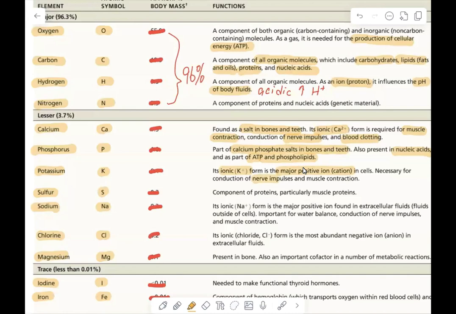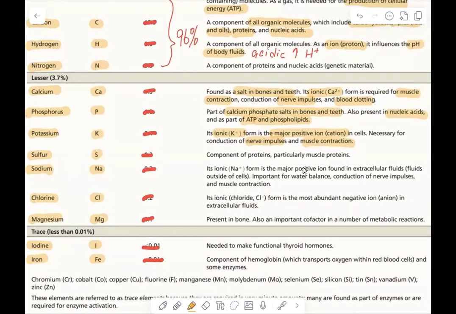It's important for nerve impulses and muscle contraction. Sulfur is important for proteins, muscle proteins especially. Sodium in its ionic form is the major positive ion in the extracellular fluid, which is outside of the cell, also for water balance, nerve impulses, and muscle contraction.